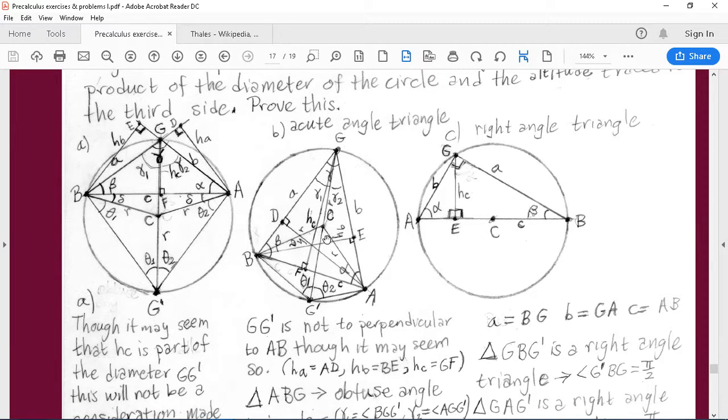Which means that beta plus theta 1 equals alpha plus theta 2, and therefore beta minus alpha equals theta 2 minus theta 1. So there we have the two relations we needed between angles theta 1 and theta 2 and angles alpha and beta.